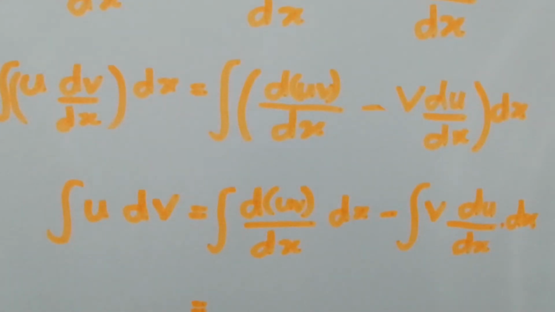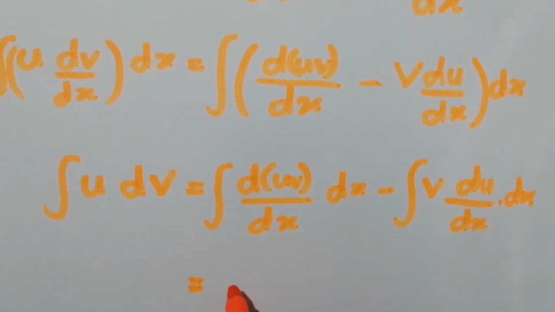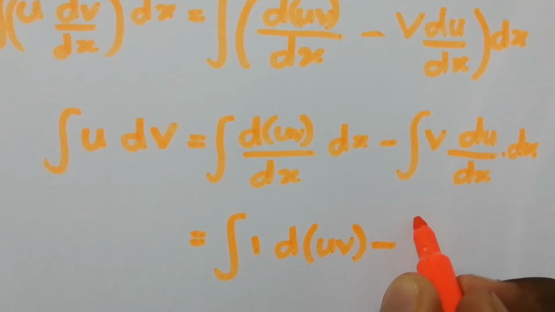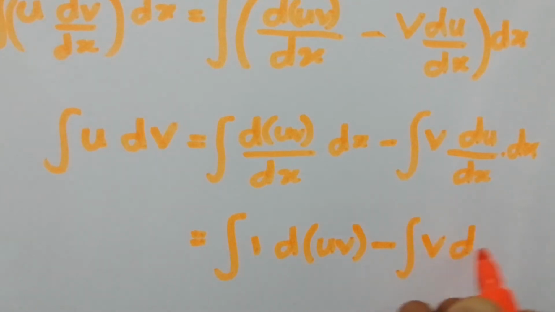Then if I simplify here, I obtain integral of 1 with respect to uv, integral 1 d(uv), minus integral v du.